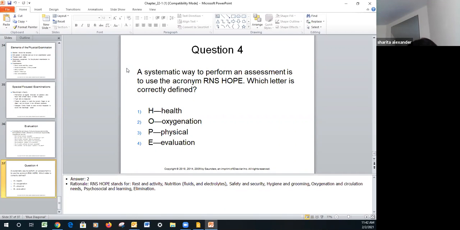Okay, so very good. If you look on page 391, box 22-7, this is the head to toe assessment you're going to do every shift on your patients. This is your focus assessment. This is basically what we're going to be doing for your physical assessment.